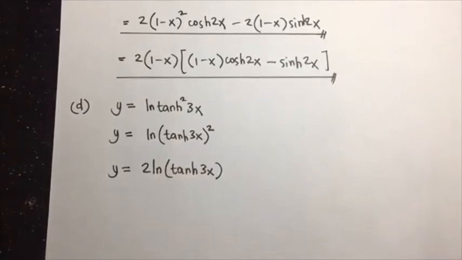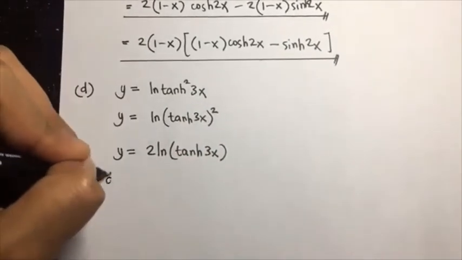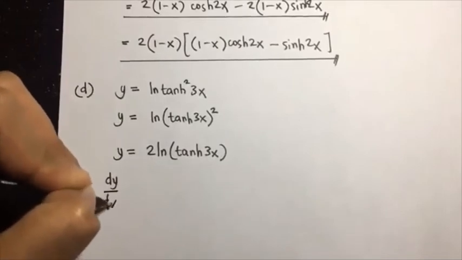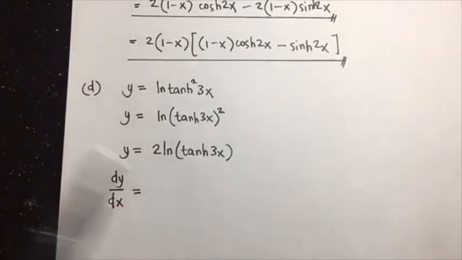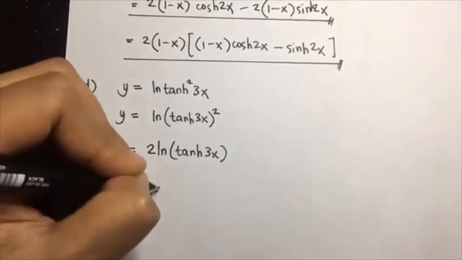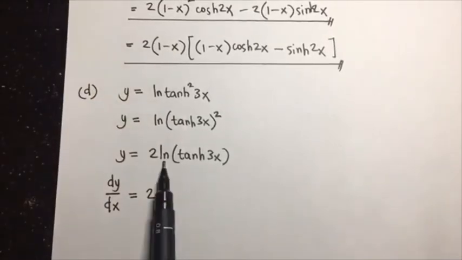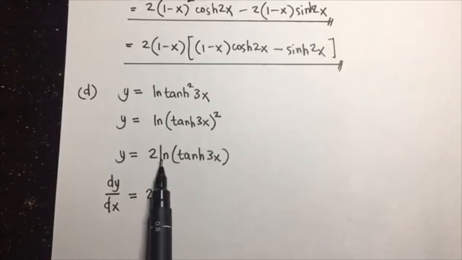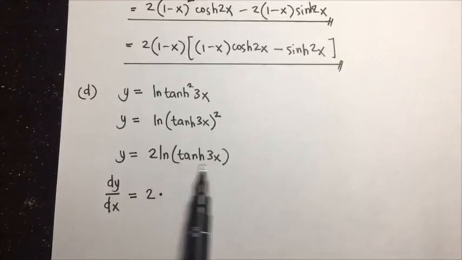Okay, so deriving this, dy over dx is equal to, so we have a numerical coefficient of 2, so multiply that, and then the derivative of ln. Okay, so we have ln of u, so this is our u.